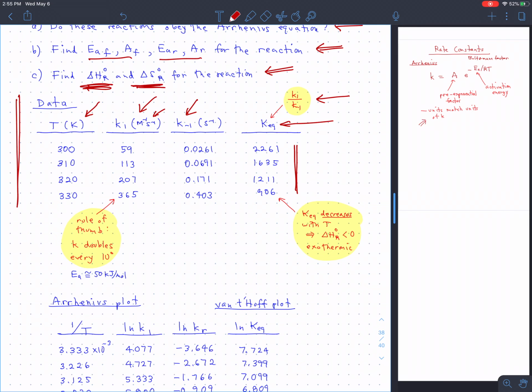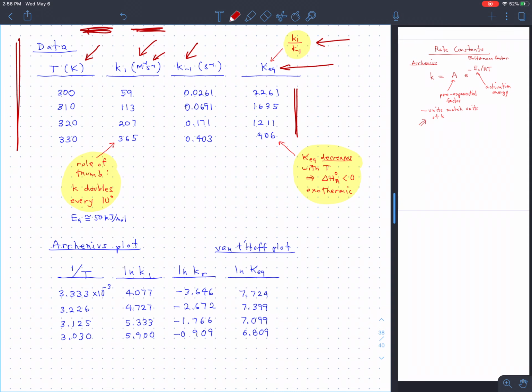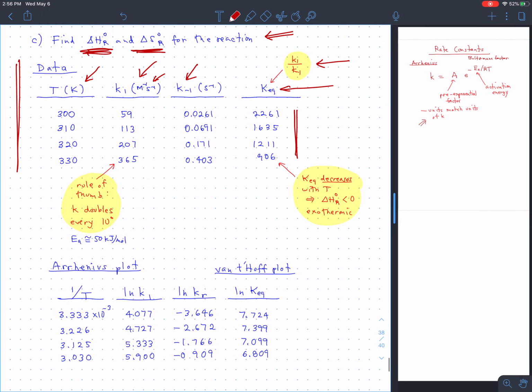A couple of points before we actually start doing complicated things. The first is, let's look at these actual numbers. Notice that if I change the temperature by 10 degrees, the rate of reaction about doubles. And then if I change it by another 10 degrees, it about doubles again.